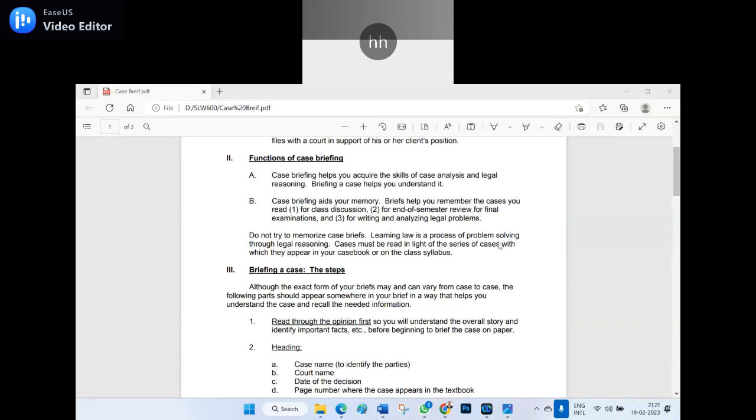Now let us see what case briefing does for your memory. A brief helps you remember the cases you read for class discussion, for end of semester review, for the final examination, and for writing and analyzing legal problems. That is the advantage of case briefing.